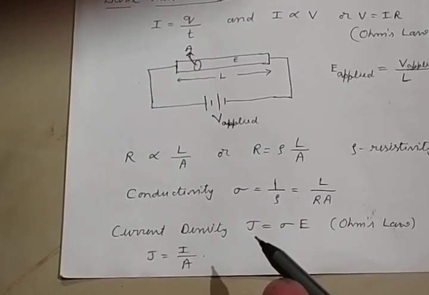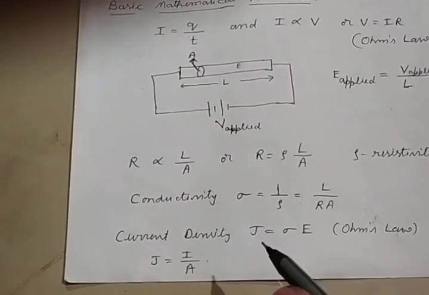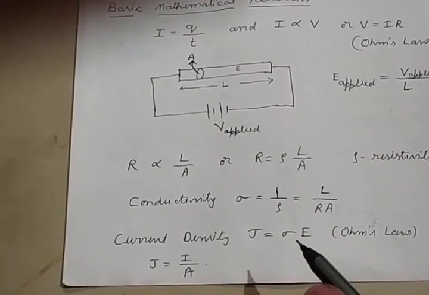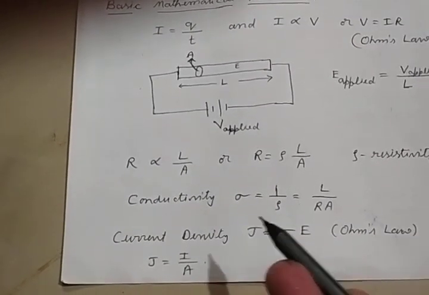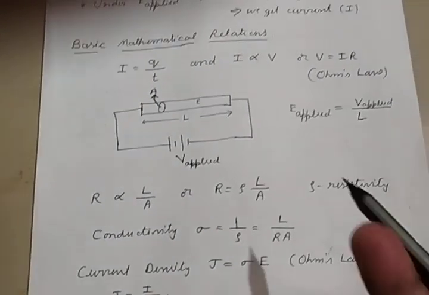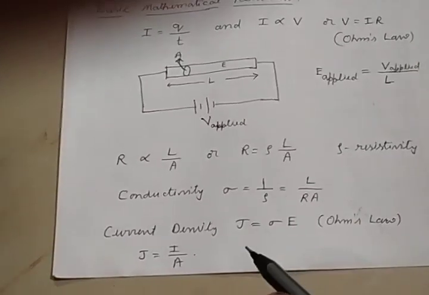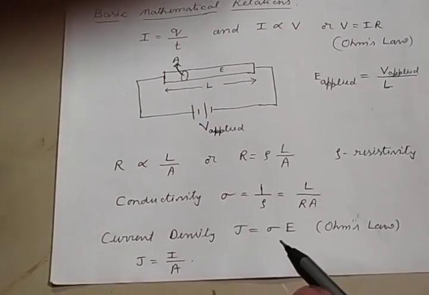The current density J is related to the conductivity sigma and the applied field E by the relation J equals sigma E. This equation is nothing but an alternate expression of Ohm's law, V equals IR, which we said earlier. V equals IR and J equals sigma E, both are one and the same.